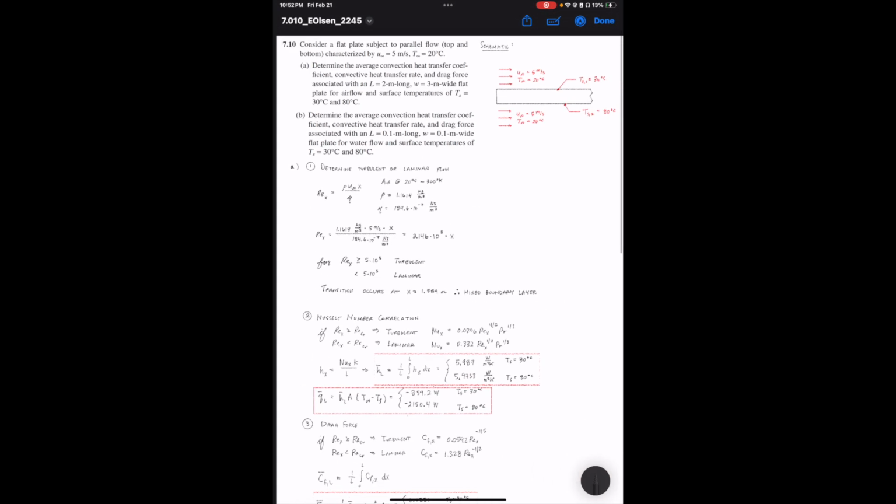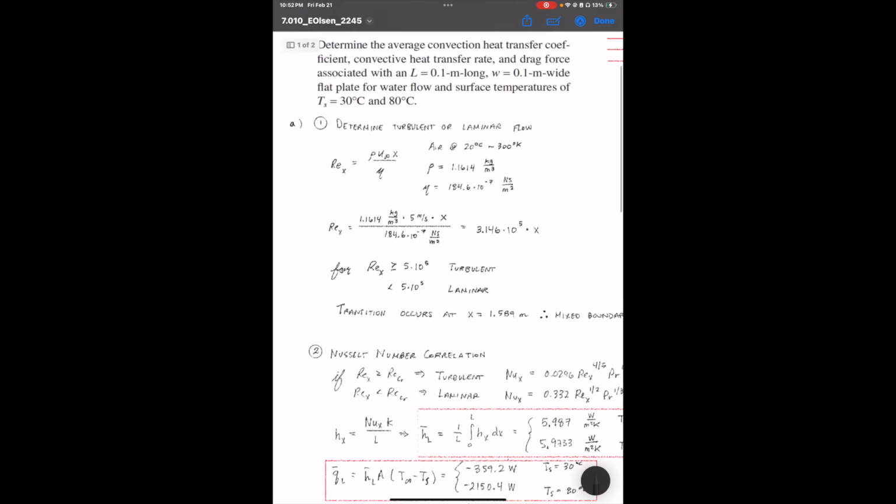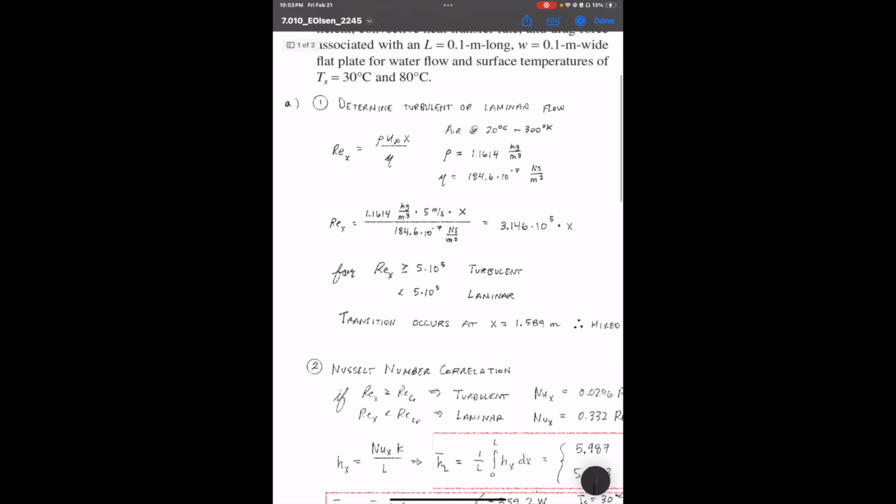To first solve for our average convection heat transfer coefficient, we need to determine whether it's turbulent or laminar flow. And so we first need to find our Reynolds number of the flow. That equation is just the standard Reynolds number equation, which is equal to the density times the free stream velocity times your position along the plate divided by your dynamic viscosity.